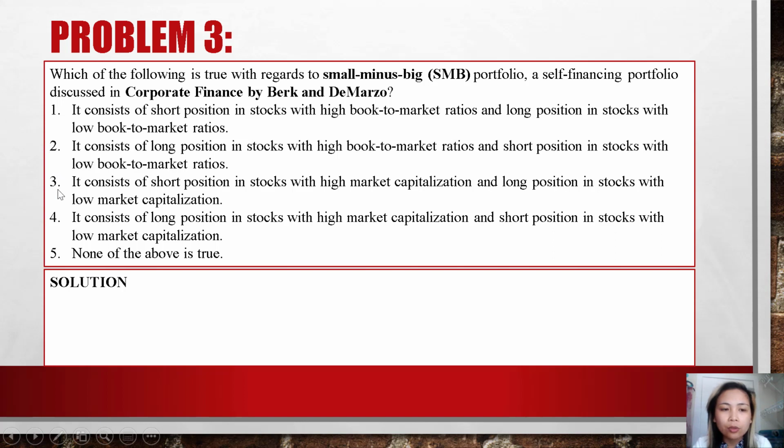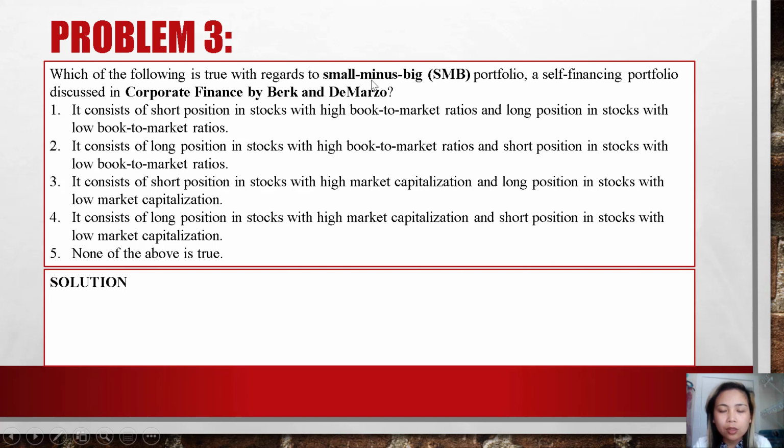Now we have to look at 3 and 4, the market capitalization. Now read it again, small minus big. Here remember plus means buy and minus means sell. And of course when you buy stocks, you actually have a long position.